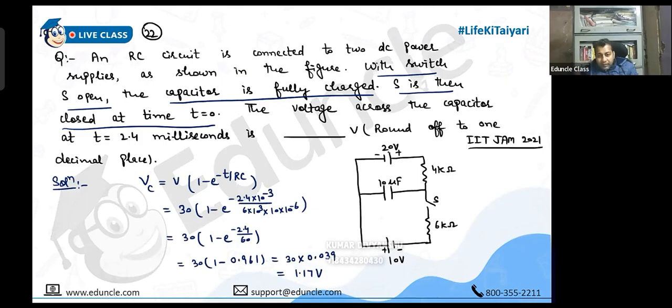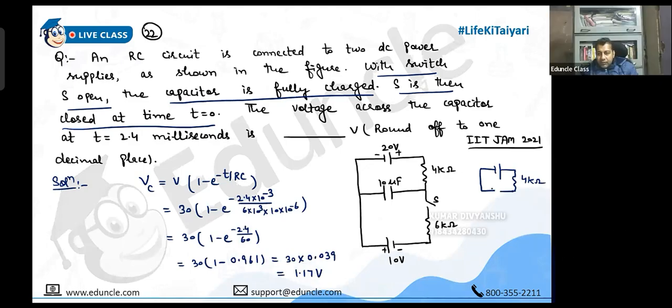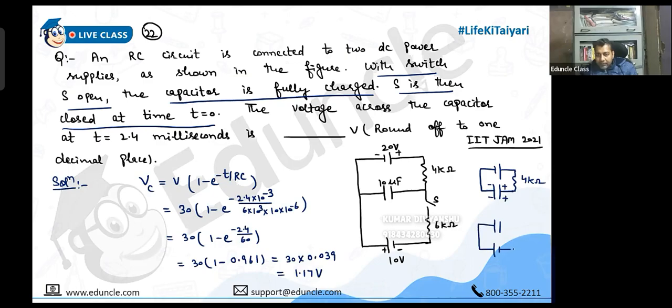See, let us suppose this much circuit only. Let me tell you what is happening. Earlier, only this circuit is important for us because current is flowing through this one only. So what will be the polarity of the charge on the plates of the capacitor? Now this capacitor you have attached across this battery.